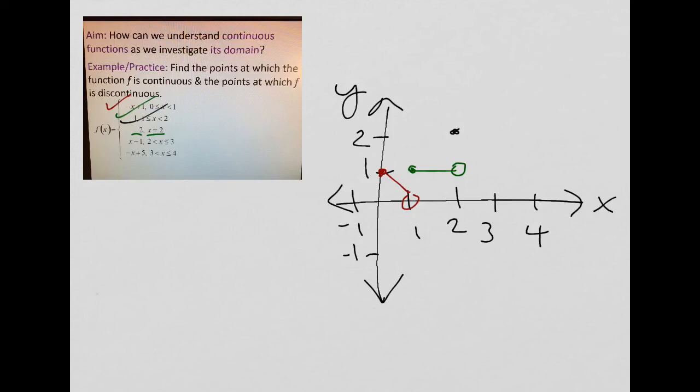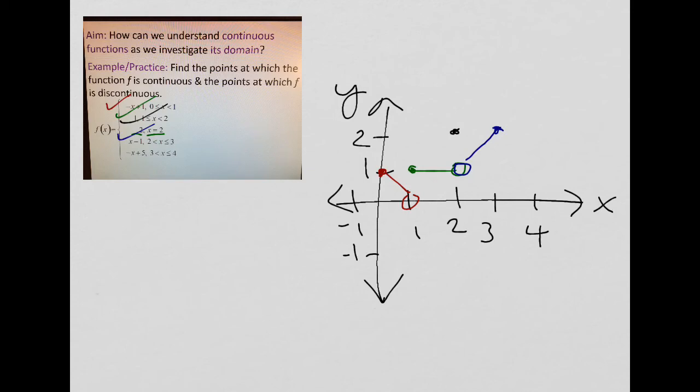And then we're going to go from 2, open circle, but that's actually already here, to when x is 3, which would be a closed circle. Let's make that more closed and connect that. It has a positive slope, so we're good there.